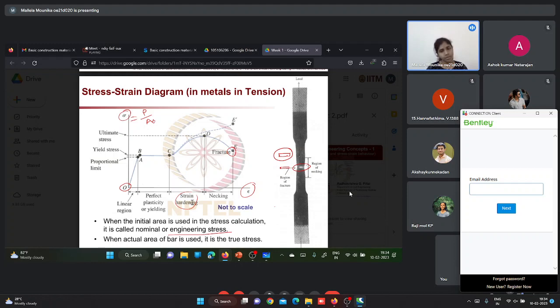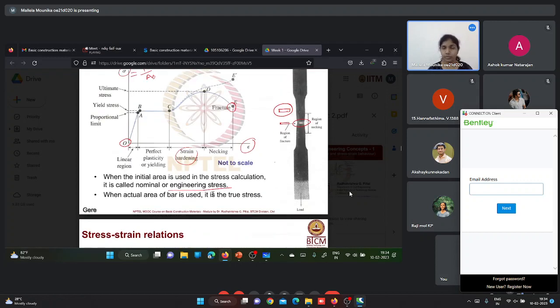The ultimate strength of the steel will be higher when compared to mild steel, but the ductility will be less.